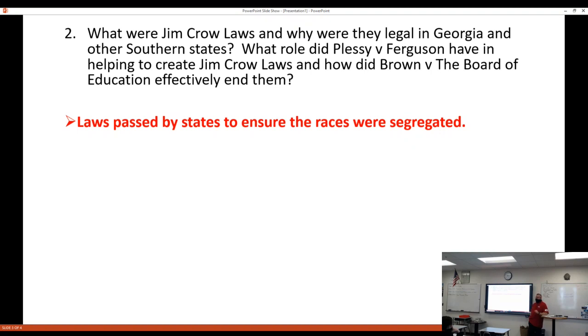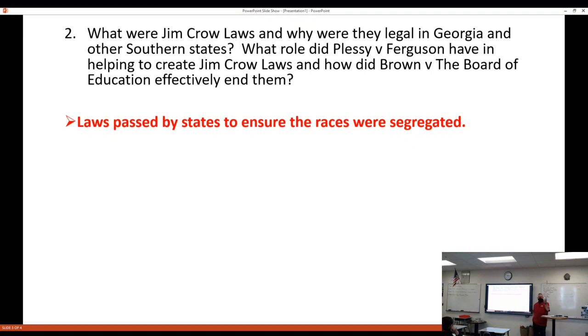So Jim Crow laws are meant to disenfranchise. And they're also meant to make black people feel inferior. And it did a pretty good job of doing that. So, laws passed by the states to ensure segregation, but also to strip away civil rights of black folks.